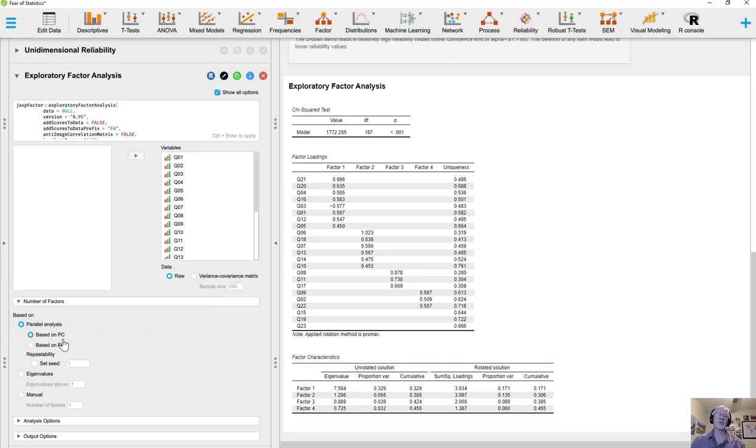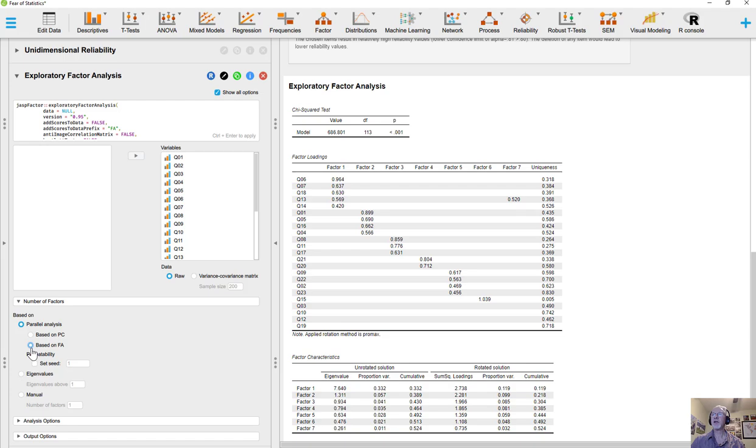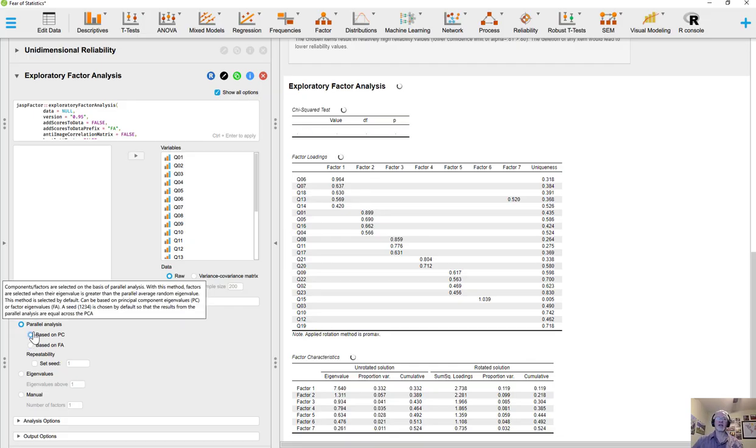They often give very similar results, but if you push this, you're likely to get more factors than you want. Let's see what happens here. Yeah, we got 7 factors, and that's really too messy. It's more ideal to do your parallel analysis based on the principal components.